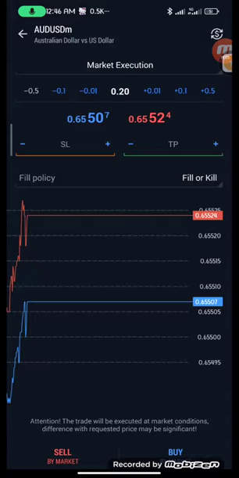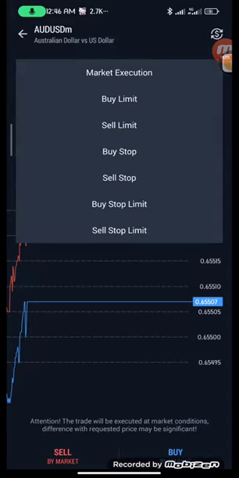We have sell limit, we have buy limit. Okay, the next one is this buy stop.